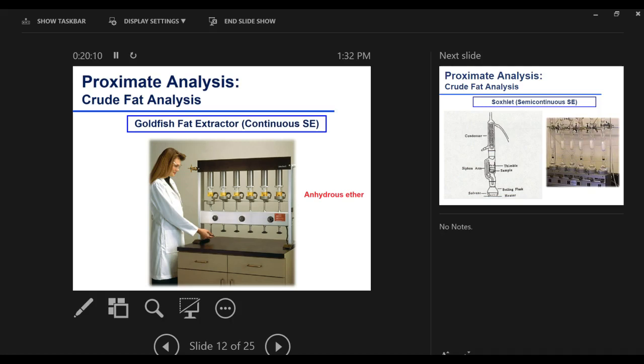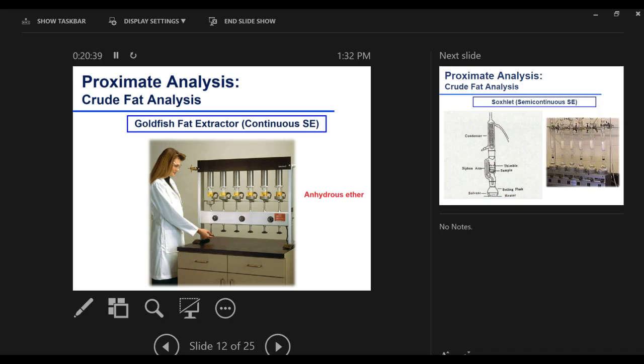Let me explain a little bit what happens with the goldfish apparatus. It's a continuous method for extracting fat. So, same principle as the Soxhlet you've seen in the lab already. So there's a hot plate, there's a condenser, and then there's where you put your sample and a beaker for the solvent. To see it more closely, you have your thimble, the same thimble that you've used in the lab, and it is porous, so it allows the solvent to go through.